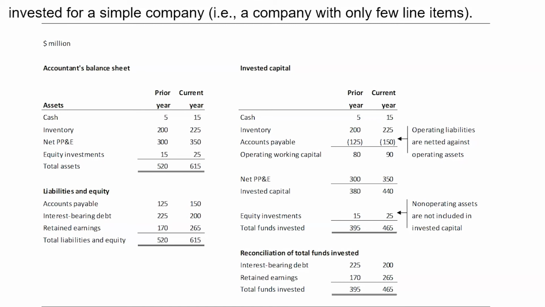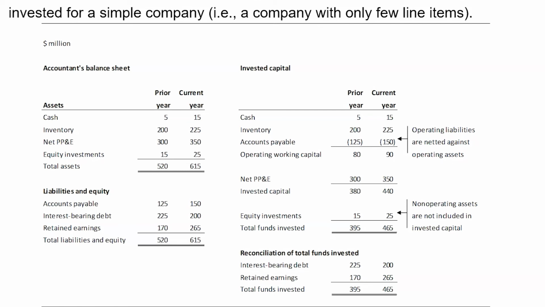Then we'll have our fixed assets minus any operating long-term liabilities. That would be net PP&E. We don't have any operating long-term liabilities in this example. We did, for instance, in the UPS example, so we would subtract those. The addition of net PP&E minus any long-term operating liabilities plus operating working capital gives us invested capital.